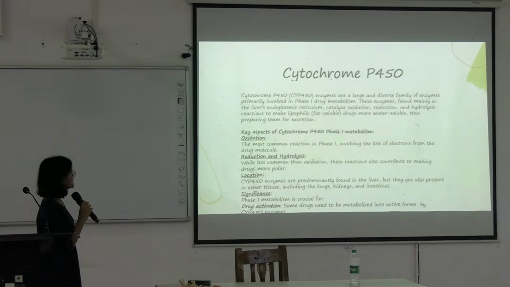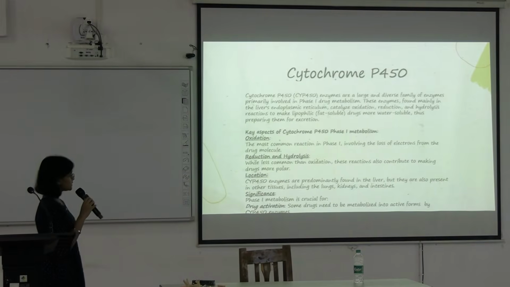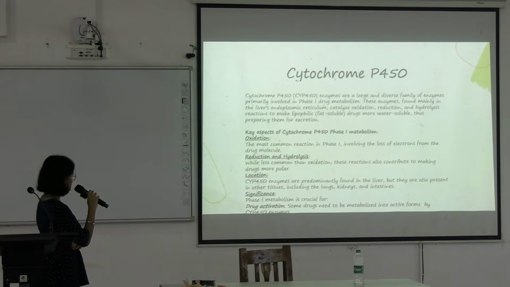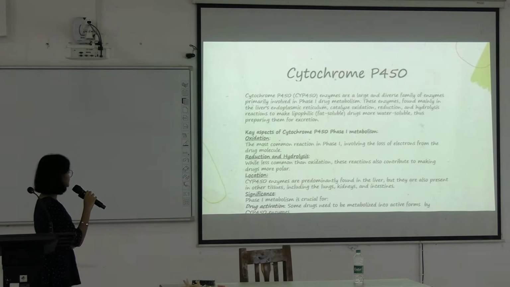Cytochrome P450. Cytochrome P450 enzymes are a large and diverse family of enzymes primarily involved in phase 1 drug metabolism. These enzymes, found mainly in the liver's endoplasmic reticulum, catalyze oxidation, reduction and hydrolysis reactions to make lipophilic drugs more water soluble, thus preparing them for excretion.